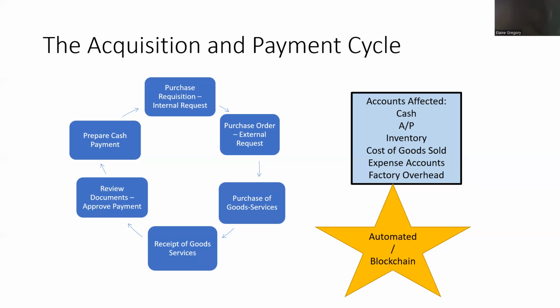Now, when we think about this, again, we have a number of accounts that are affected: cash, accounts payable, inventory, especially if you're a retail or manufacturing company, the cost of goods sold, the expense accounts. You may have overhead accounts if you are a manufacturing company.